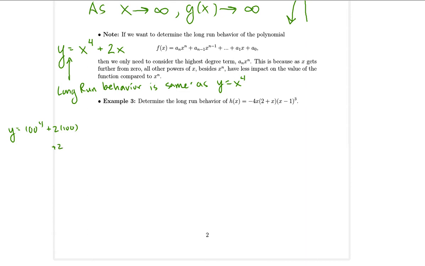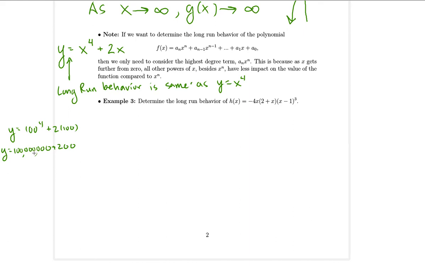So that's going to be 200, right? But if you take 100 to the 4th power, you know what you're getting? You've got 100 million.